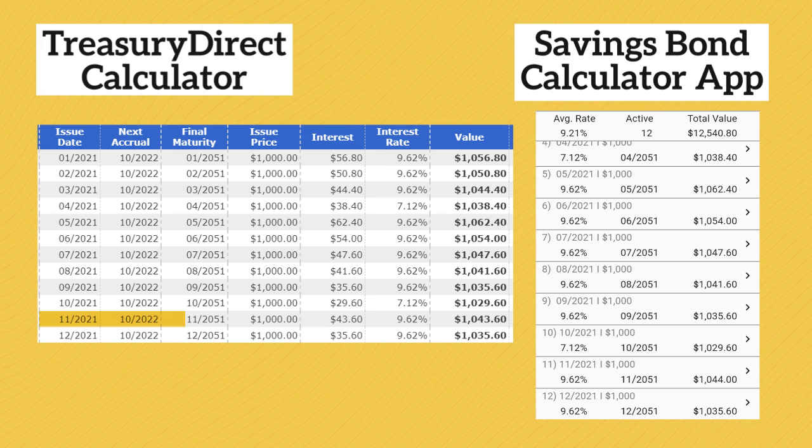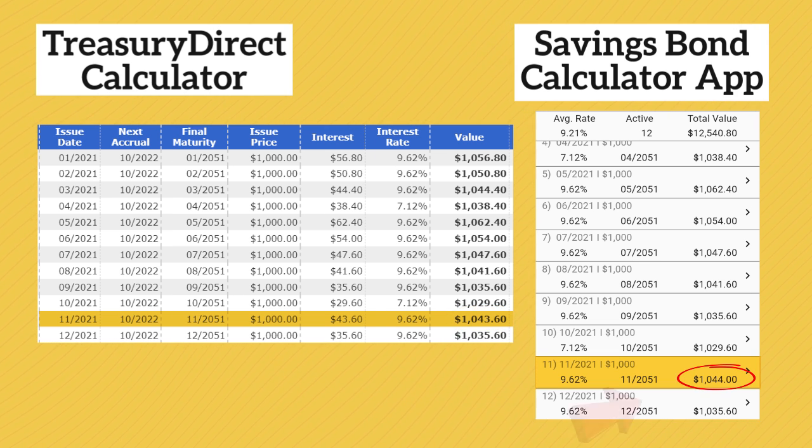This also happened in November 2021. TreasuryDirect is showing an I-bond value of $1,043.60, whereas the app is showing an I-bond value of $1,044. Again, 40 cents more. All the other months, they match though.